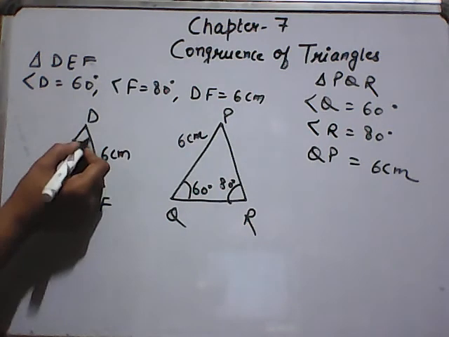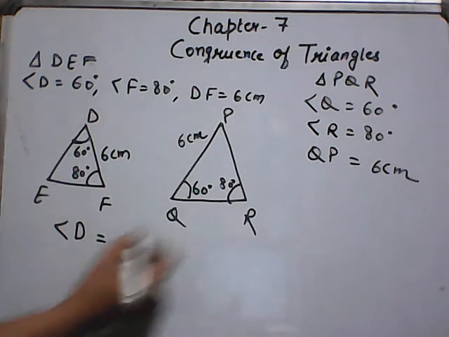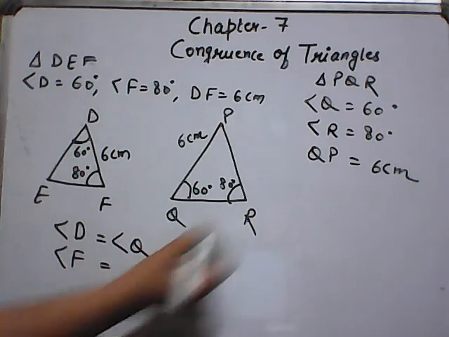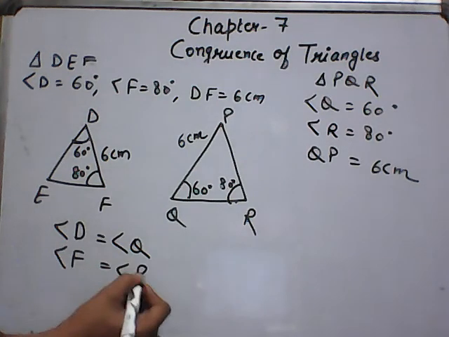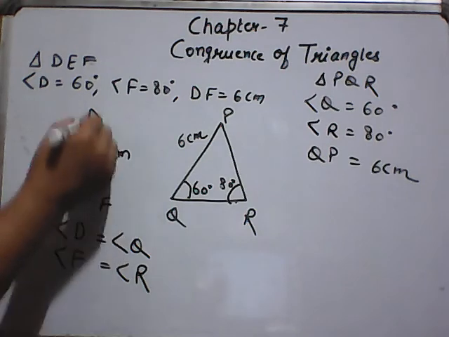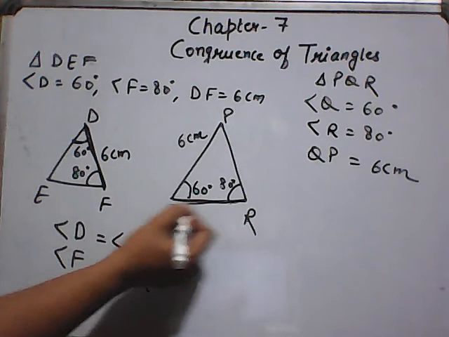Firstly, here angle D is equal to angle Q, angle F is equal to angle R, and the side included between these two angles is not equal.